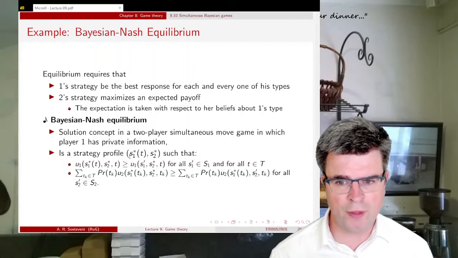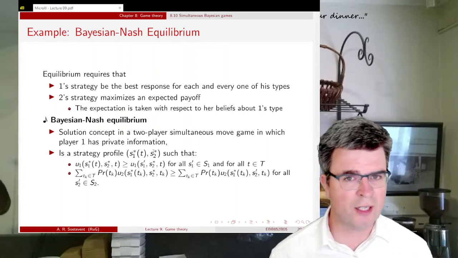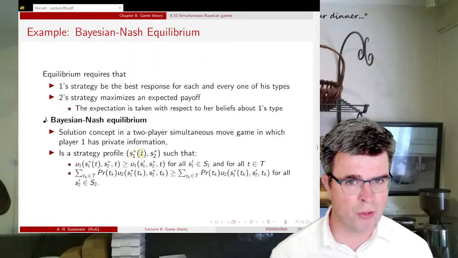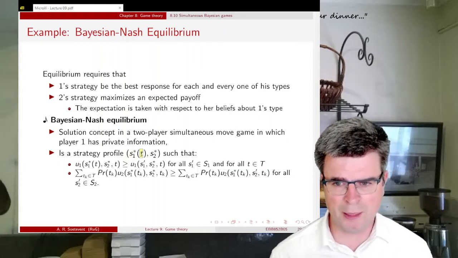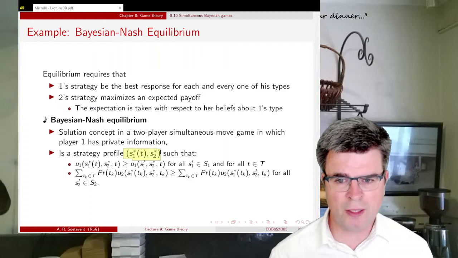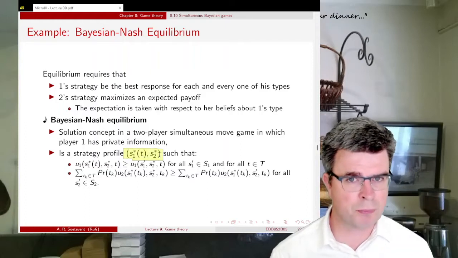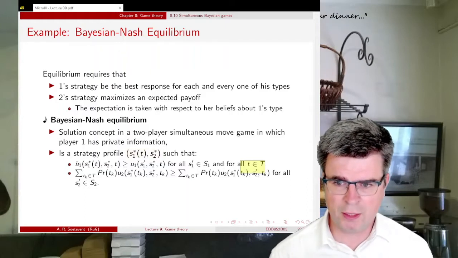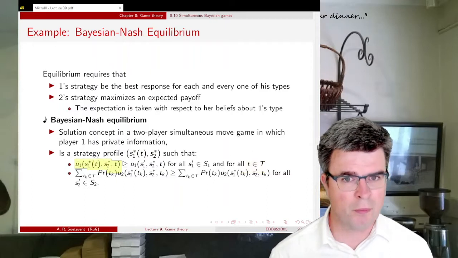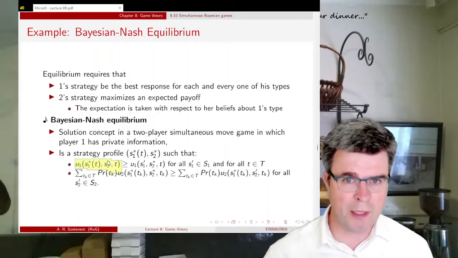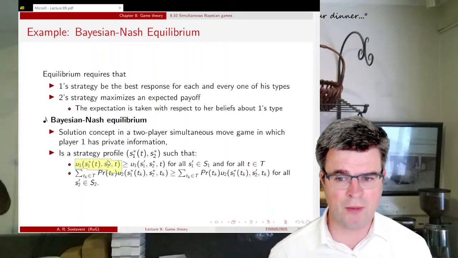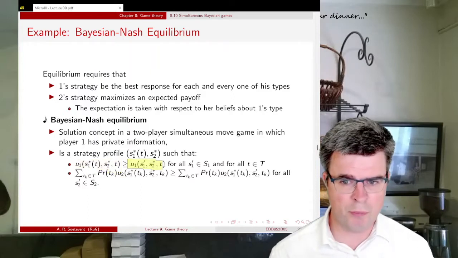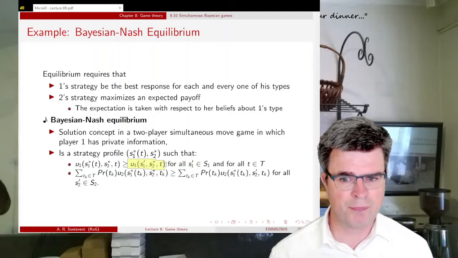The strategy profile S1(T)*, S2*, where we observe that the strategy of player 1 is conditioned upon player 1's type, is a Bayesian-Nash equilibrium if it holds that for all types of player 1, the utility that player 1 of a certain type derives from playing that particular strategy is at least equal to the payoff that he would receive if he would play any other strategy.